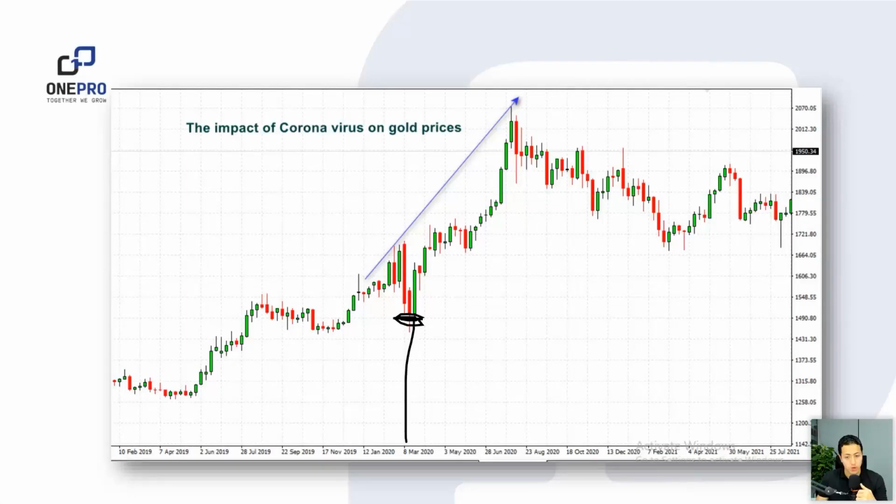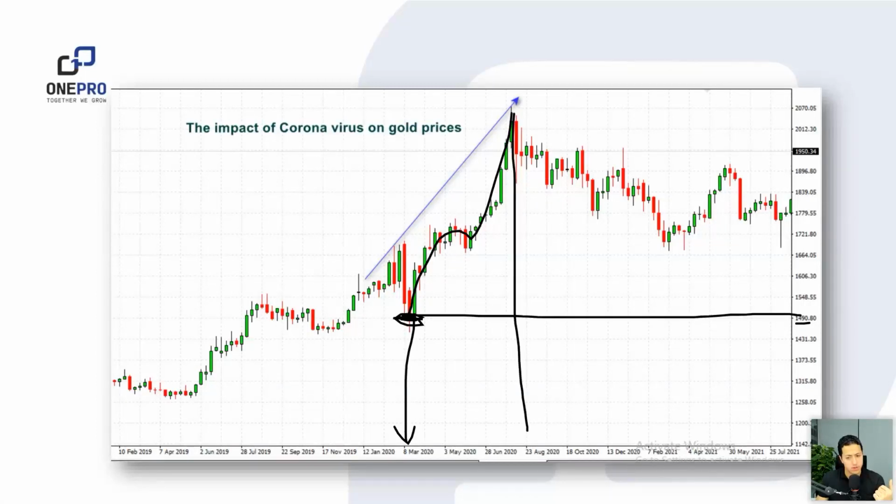And this is where we started to see some governments go into full lockdown on coronavirus. Gold was trading around $14.90 per ounce. And you can see how far we went from March till August, around 5 months.